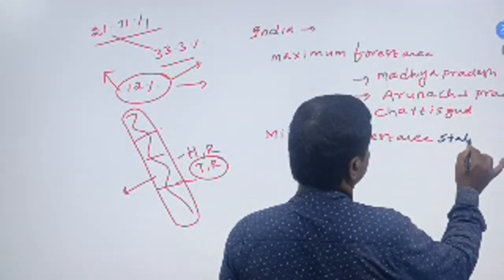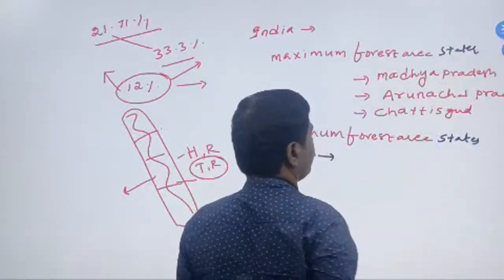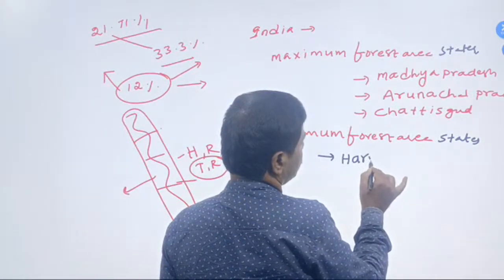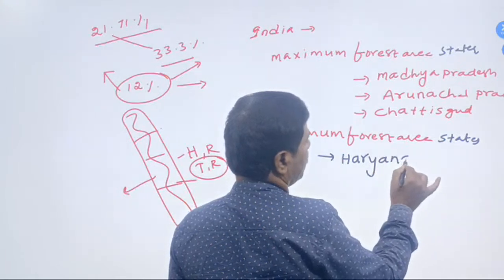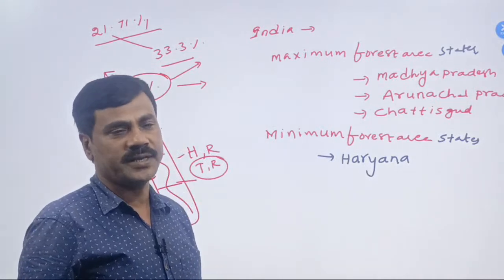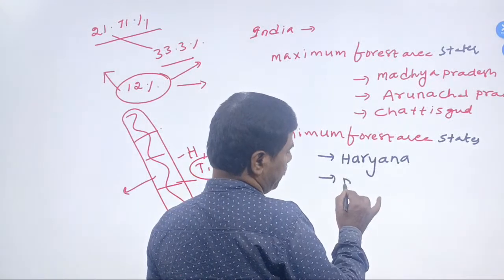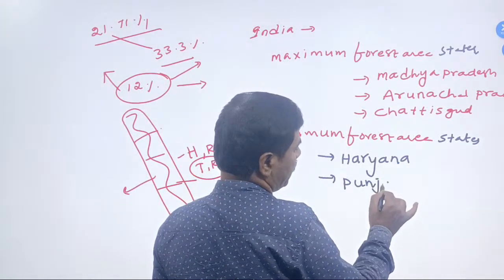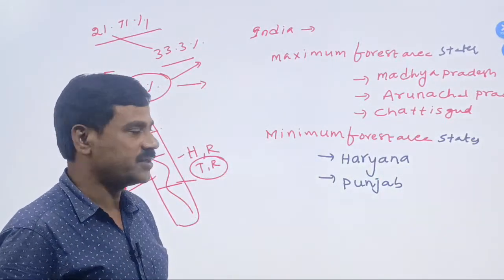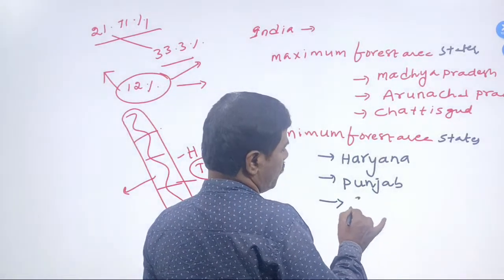First is Haryana. Second is Punjab. Third is Goa.